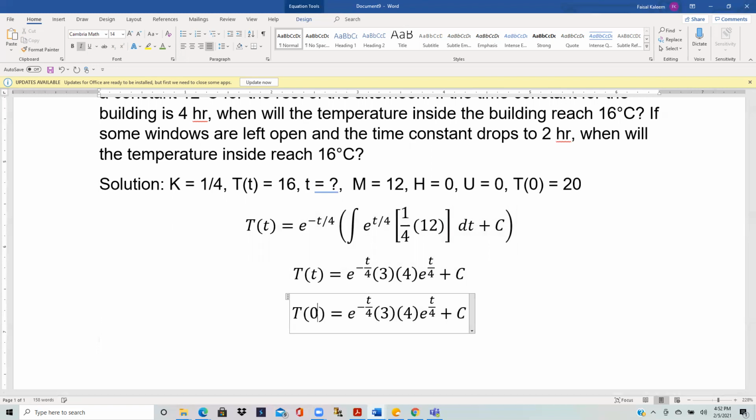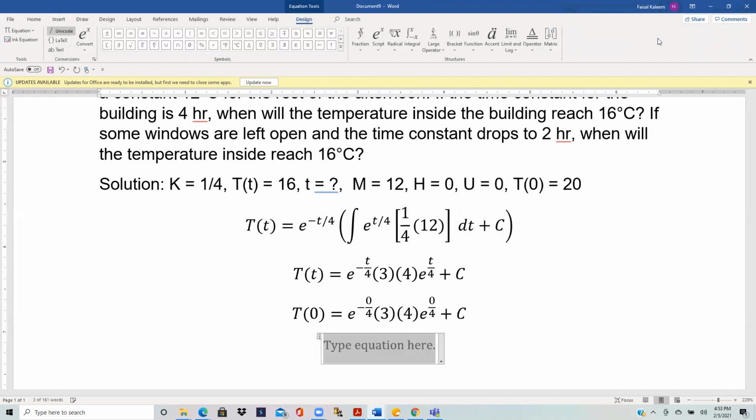So t is 0, this will be 0, this will be 0. And now T of 0 is 20. Okay, let's just do the equation editor. 20 is equal to 3 times 4 is 12, e to the 0 is 1, plus c, so c is equal to 8.